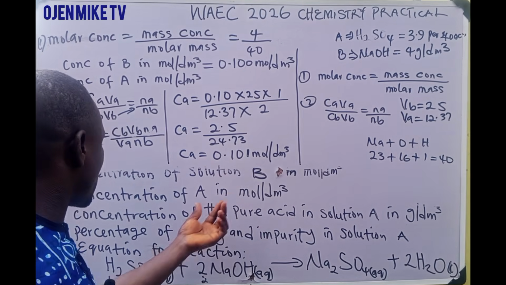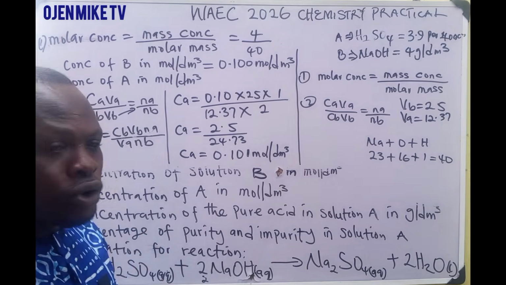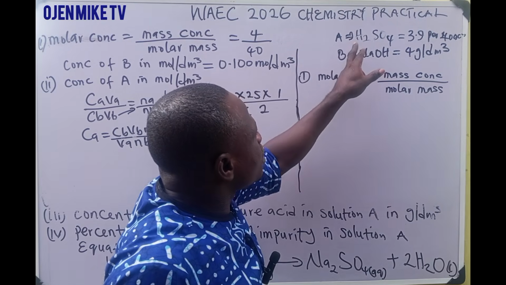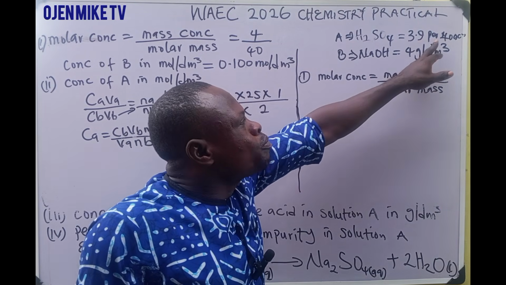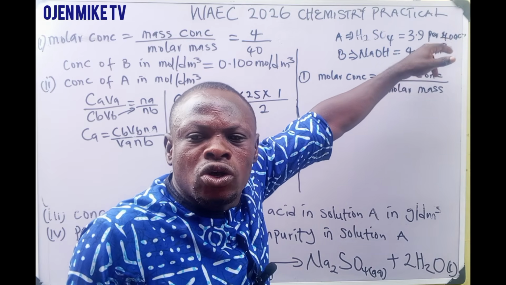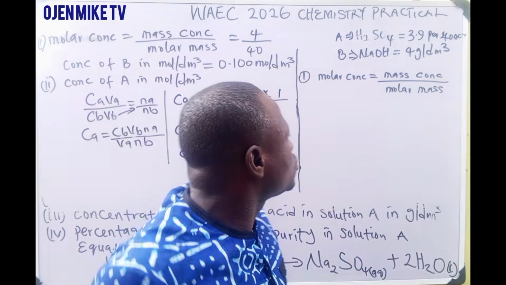So the next question we are going to calculate is the concentration of the pure acid and the impure acid. Are you following this? Look at the question here. A is given in grams per cm cubed. Then how do we get our grams per dm cubed?